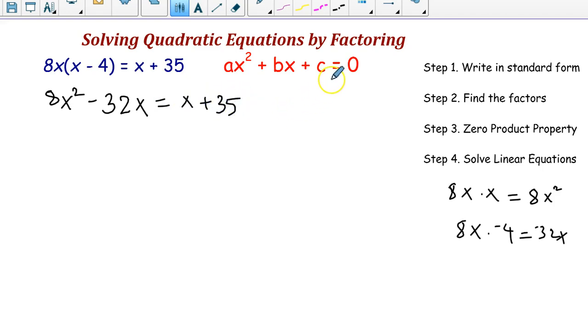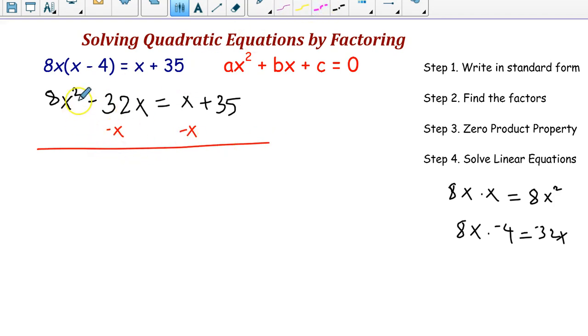Now as you see a 0 on the right hand side, I have to get rid of this x plus 35 from the right hand side. We will do one at a time. So first I'll take off x, subtract x on the right hand side, so I have to subtract the same x on the left hand side.